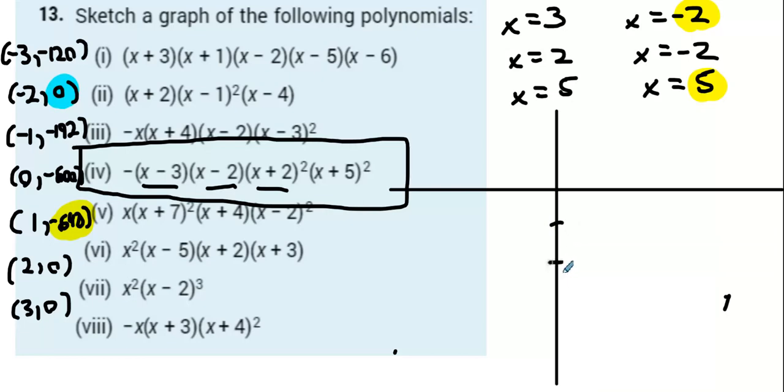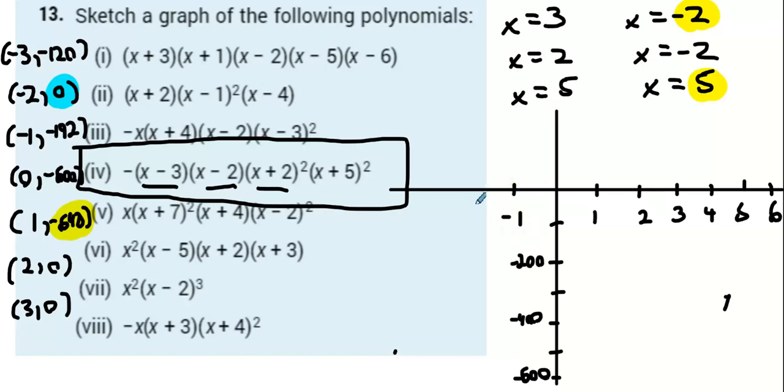Minus 100, minus 200, minus 300, minus 400, minus 500, and that would be minus 600. 1, 2, 3, 4, and 5. Let me call that 6, okay? And then over here, it's 1, 2, minus 3.